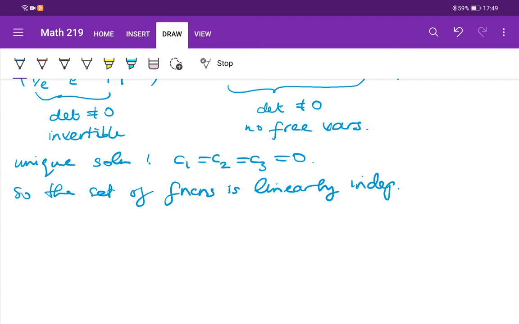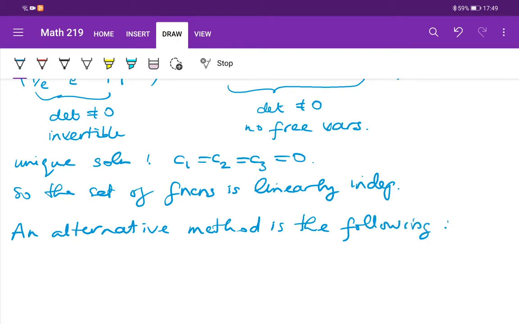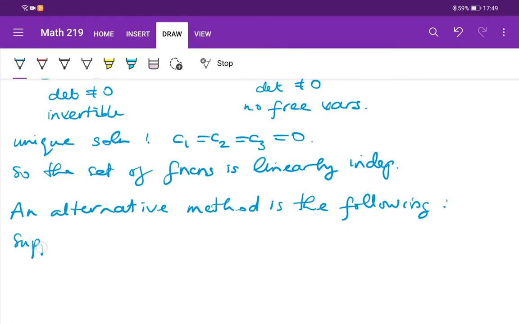Okay, there is an alternative way. An alternative method is the following. Suppose that we have functions f1, f2, up to say fn, and we want to show that these are linearly independent.